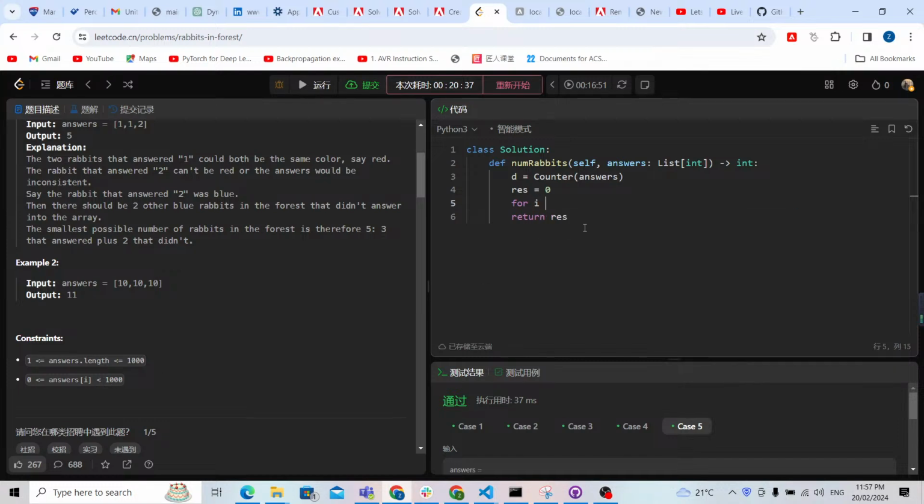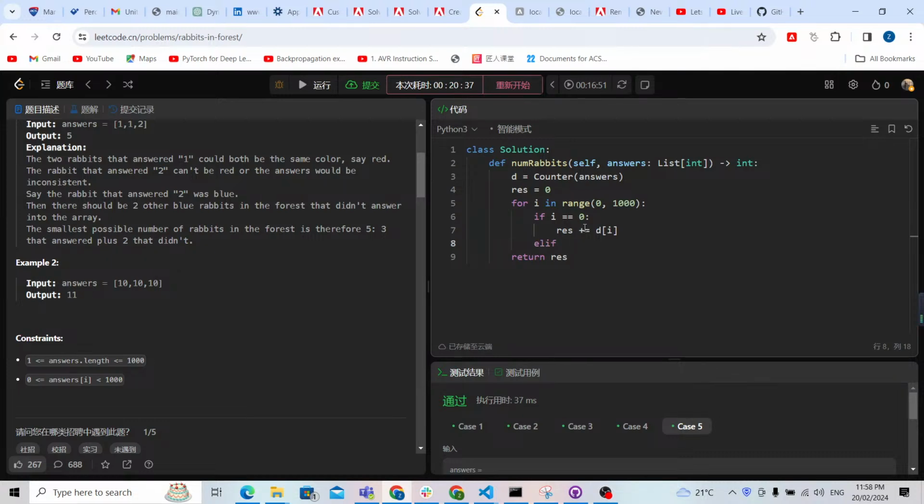So I can check the values. For i in range 0 to 1000, I'm going to check if this i equals 0, result would plus equal to di. How many zeros? It must be di because I've already explained.